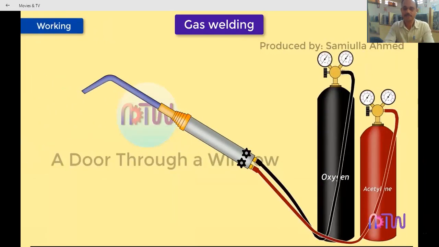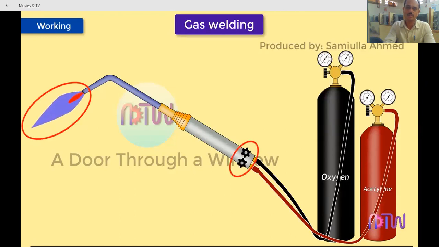Now, how it works. The mixed oxygen and acetylene flow through the torch, and by using a lighter we ignite these gases, and by operating these torch valves, we can change the type of flame.